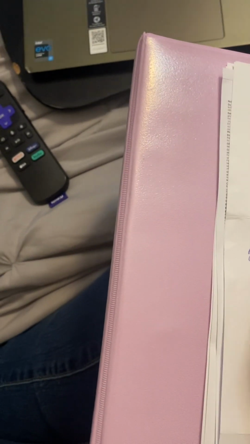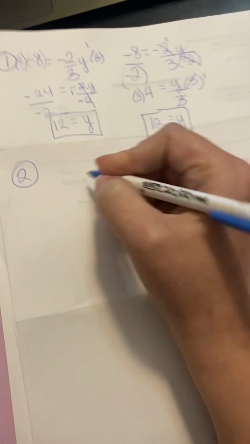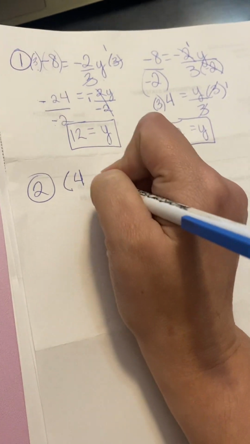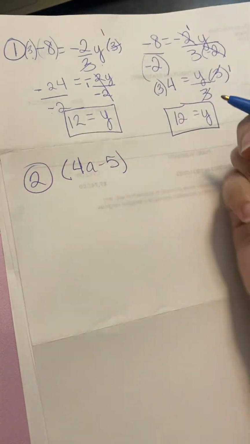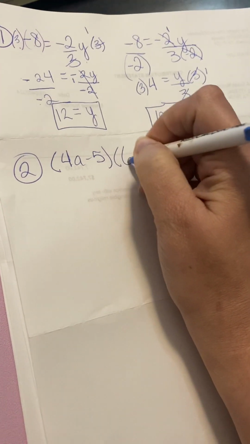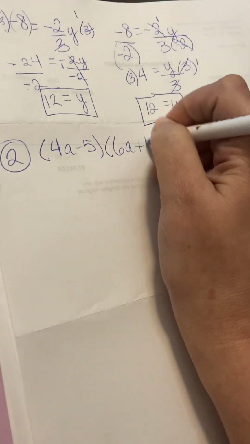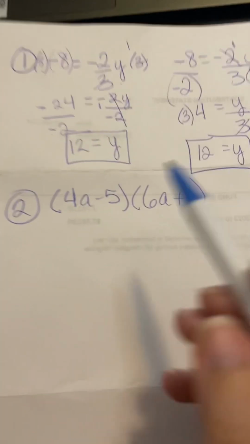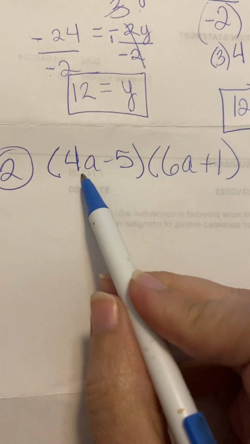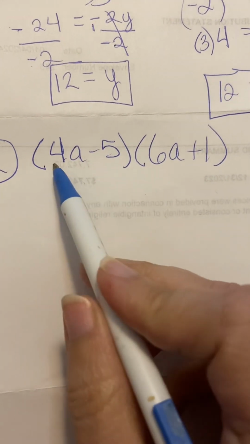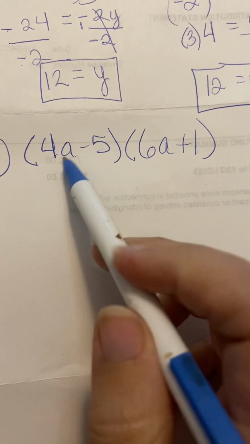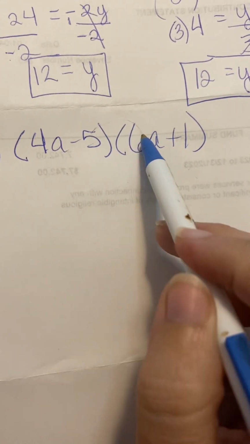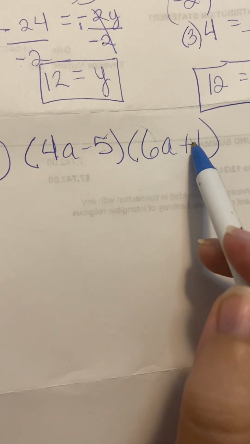Okay, on problem number 2, we have 4a minus 5 times 6a plus 1. So what we're doing here is we're distributing 4a times both of these, and then -5 times both of these terms.